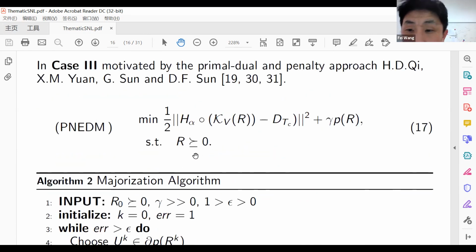So this P of R is non-convex. What is P of R?